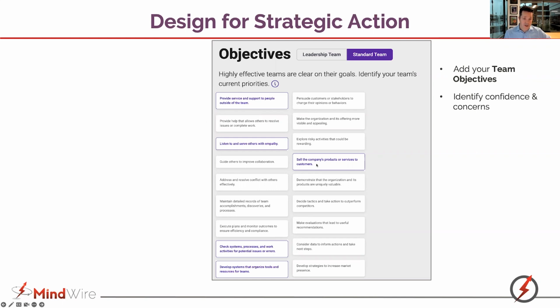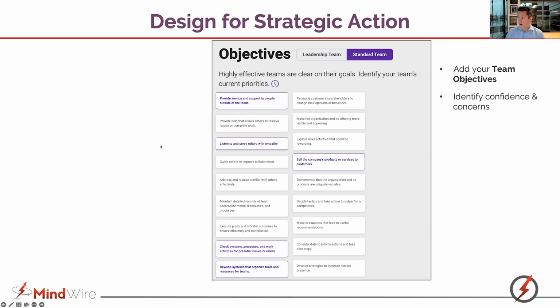If you're an HR team, your customers are going to be leaders and employees inside the organization, right? And you sell some products or services that you provide to your customers, right? So you always take the broadest sense of these things. But what happens is a team is going to pick the 3 to 5 things they must be good at in order to achieve their goals.